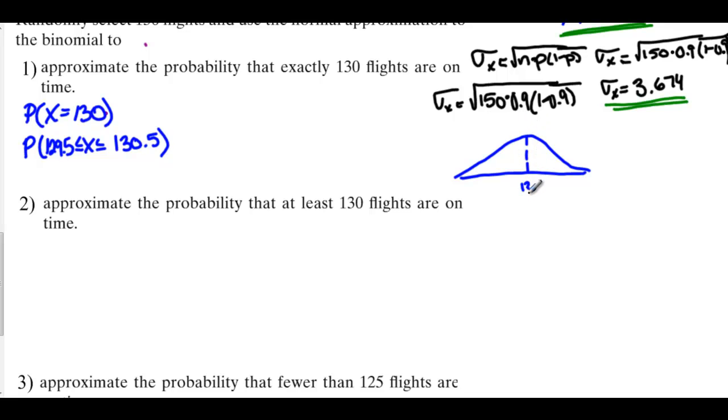So there's our 135. And then we're interested in being between 129.5 and 130.5. So we're interested in the area down here. So there's our two numbers, and what we're interested in is this area here.